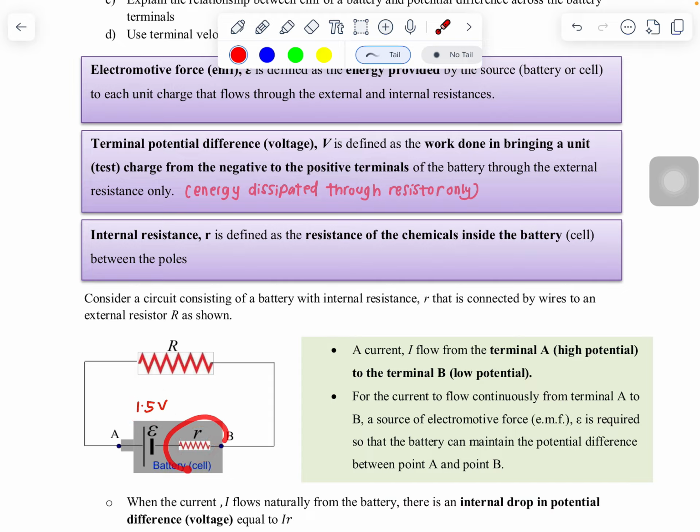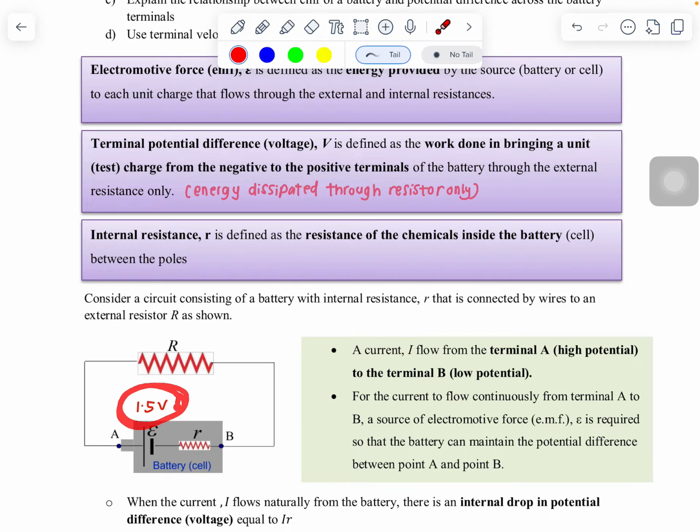So since it limits the flow of current, every time the charge passes through the resistor, there will be energy dissipated, or energy loss. This means the resistor will use energy.